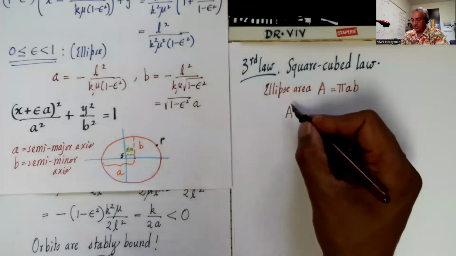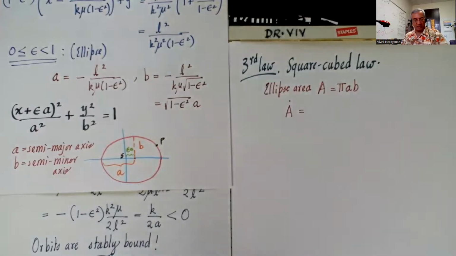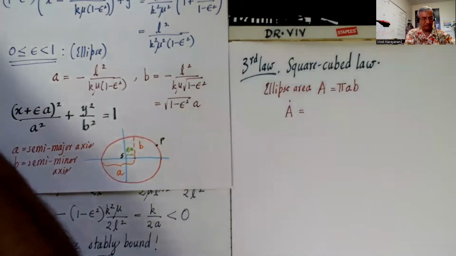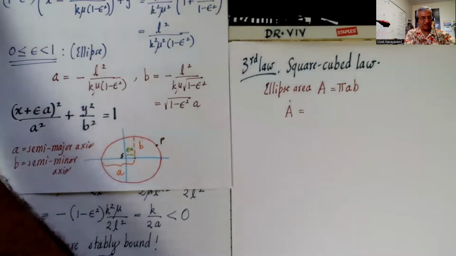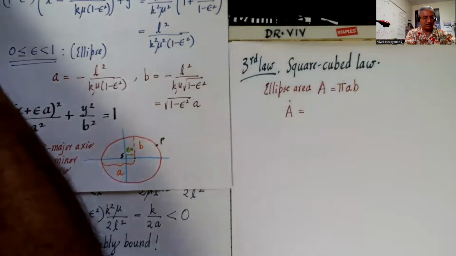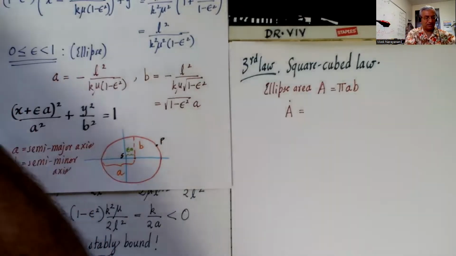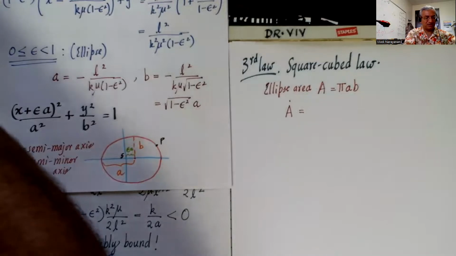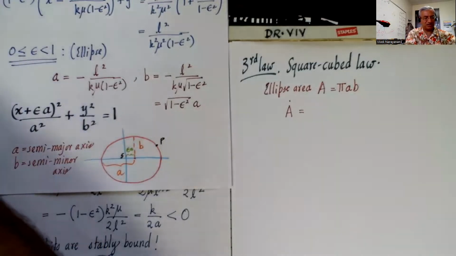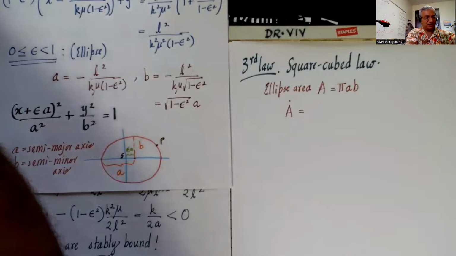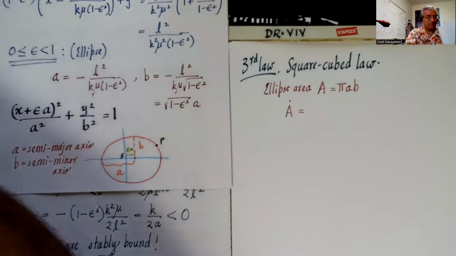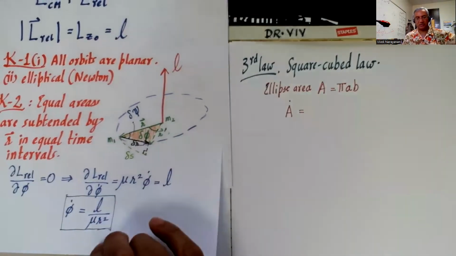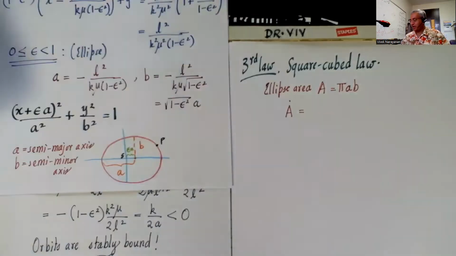Now, earlier in Kepler's second law, we showed the rate of change of area was fixed. Let me see if I can find that sheet. I have this here, K2, L over mu r squared.